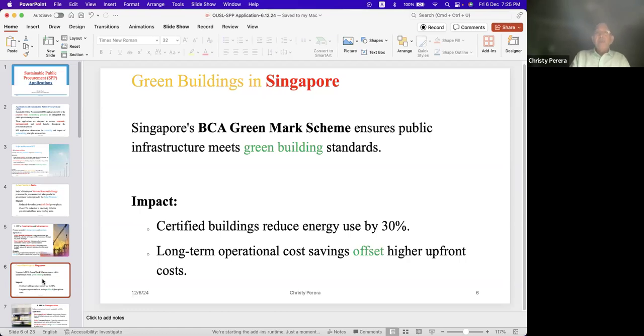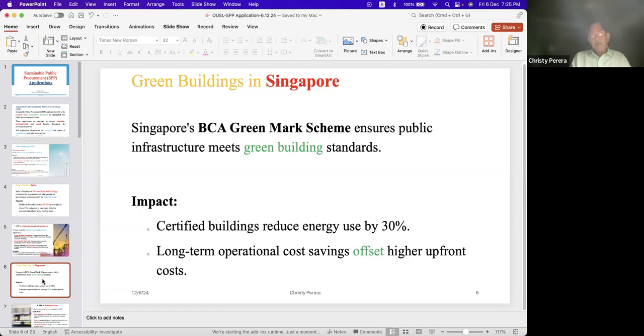In Singapore, you get the BCA Green Mark scheme. That's the name of that scheme. I told you that India uses one scheme and Japan uses some other scheme. The BCA Green Mark scheme ensures public infrastructure meets green building standards.